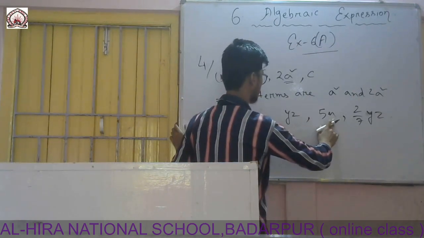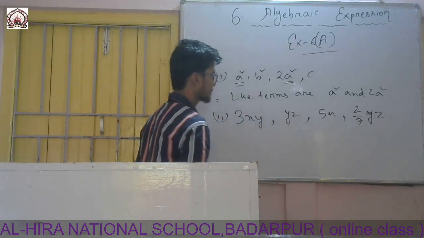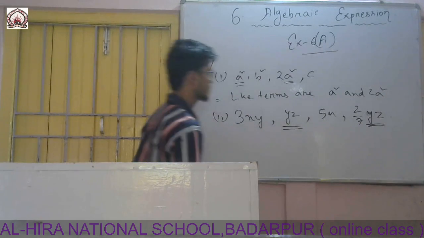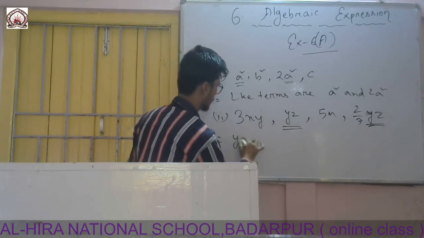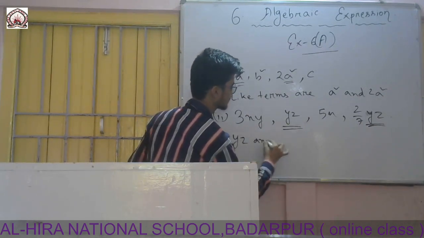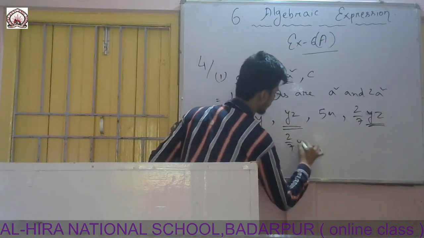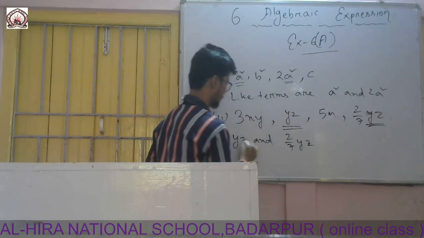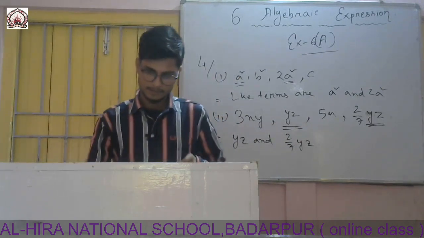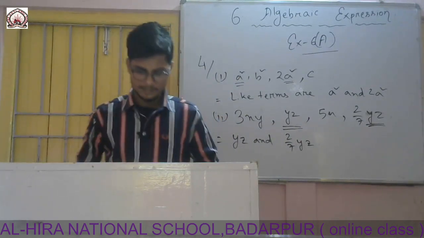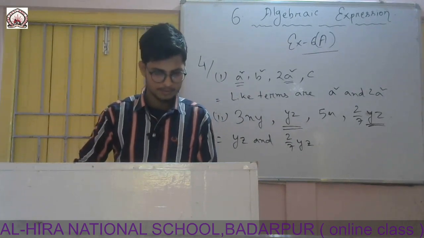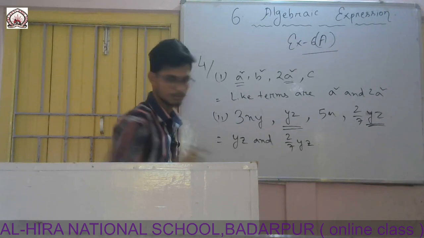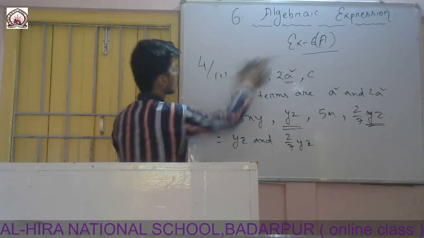This one is only x, it is also not matching. Okay, only these two, yz and yz, these two are matching. That means like terms are yz and 2 by 7 yz. So next, the rest you try. Okay, one thing, let me do number 4 also. It is different.